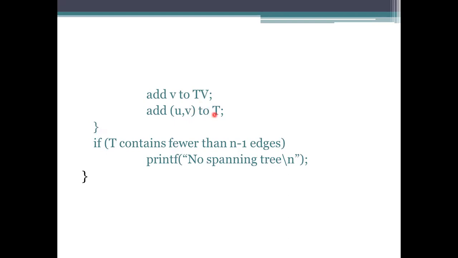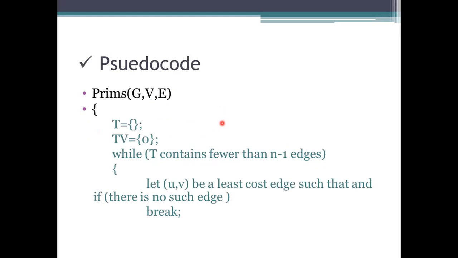If it doesn't consist of the n-1 edges, it is specified as no spanning tree. So first we will start with the tree as null, meaning nothing has been stored or formed here, and the tree vertex value is initially 0.